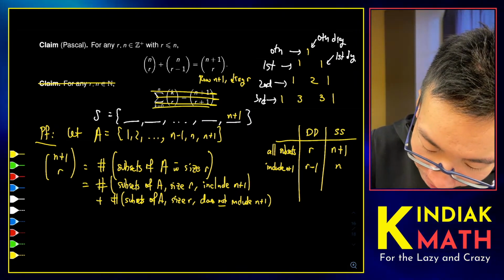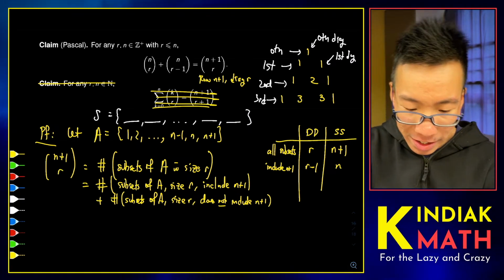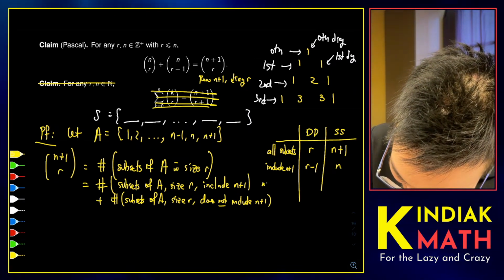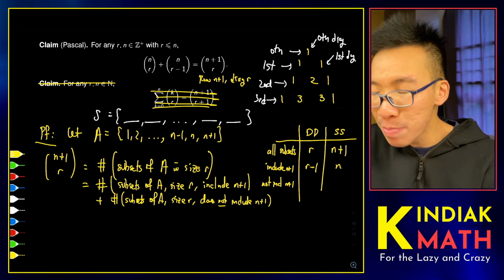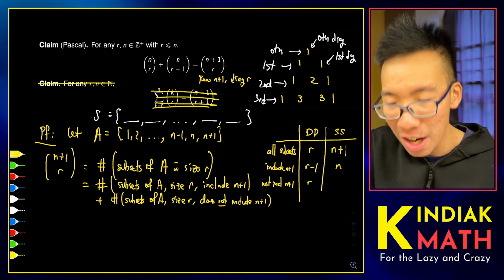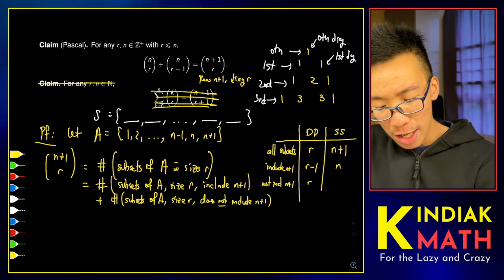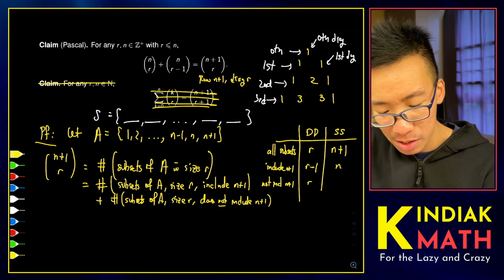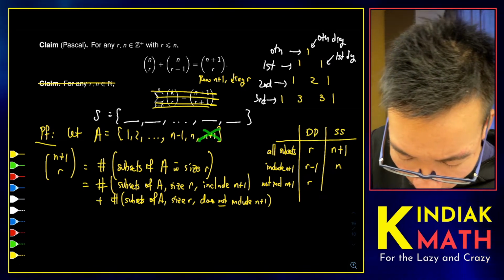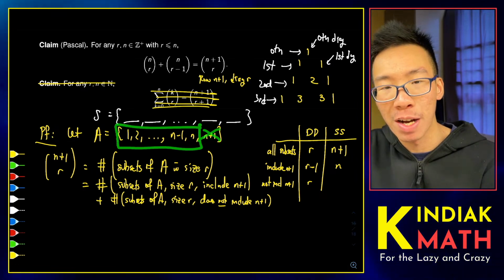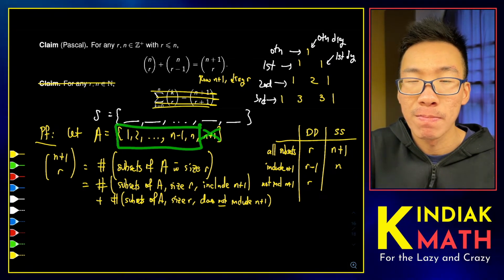Now on the other hand, if it does not include n plus 1, then we still have r spaces, so the demand on our side is still r. And now the supply, well, we don't want to include n plus 1. How many choices do we have to fill up our spaces? That's just n, right?